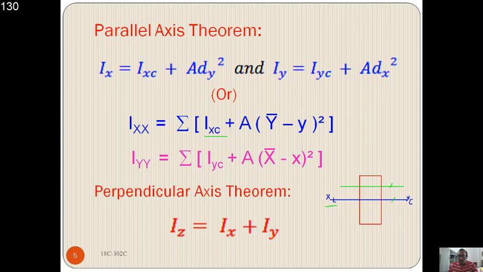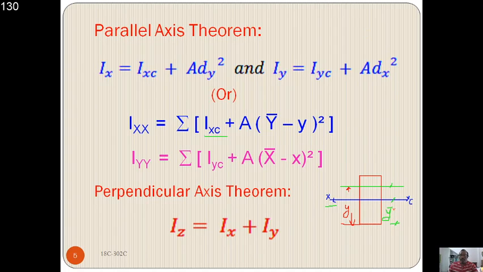distance between them. Up to this point it is y bar, and from this point to this point is y.